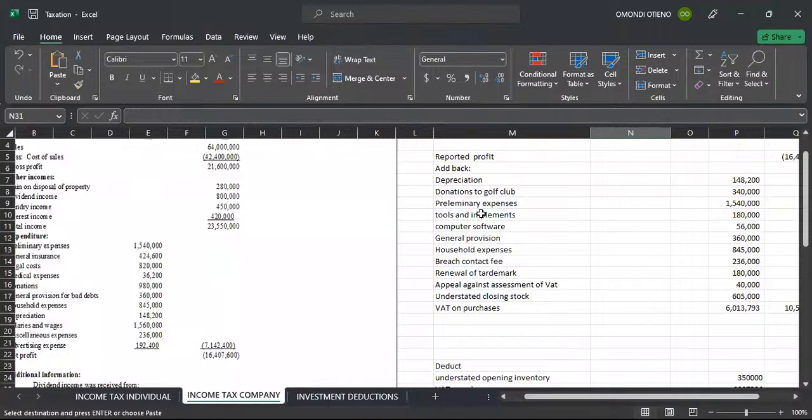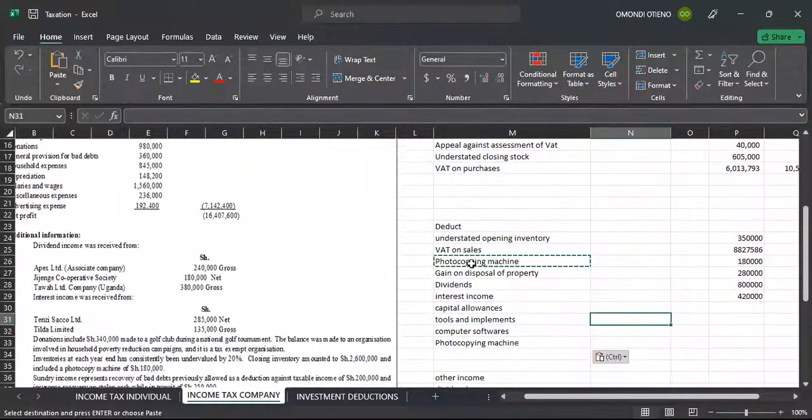If I give you a standard rule that all fixed assets are supposed to be added back, then you add back this photocopying machine. Are you able to see the mess that you are going to get yourself into? Yes. So just look at how that information has been used when computing the accounting profit of this particular company. From that point, you'll be able to interpret.